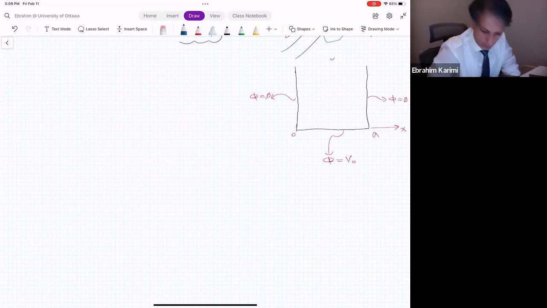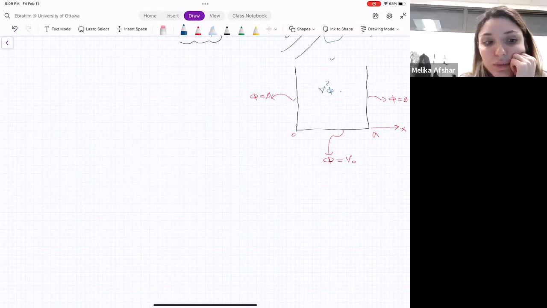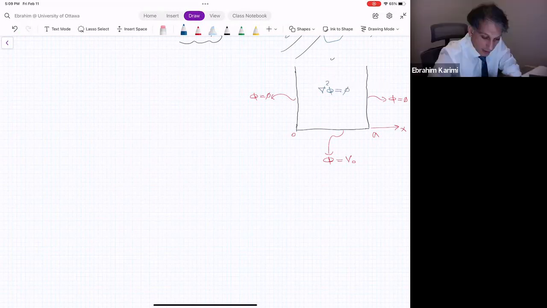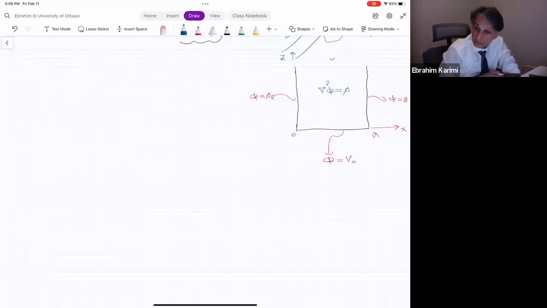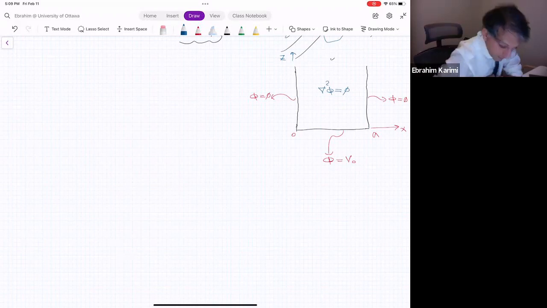And there is no charge. What is the Laplacian of phi here? 0. Fantastic. The coordinates that I have chosen are x and z. I don't talk about y because I know that along y it is constant, so it's independent of y.